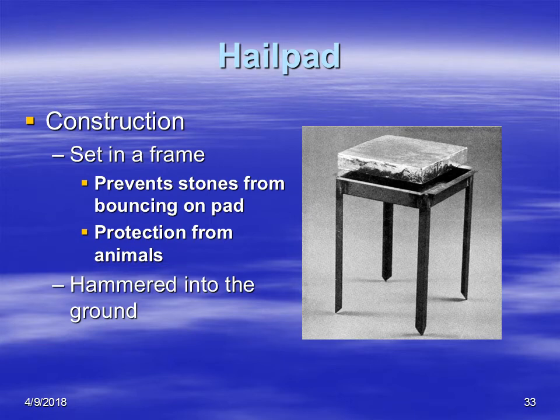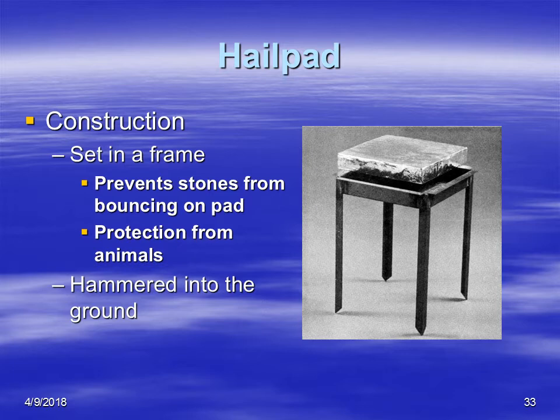Also, hail pads should be put above the ground. If they're right on the ground, then what happens is hailstones will hit the hail pad and then bounce again and then hit it again. Typically, if you have them at elevation above the ground, once they bounce, they fall off and they hit the ground.